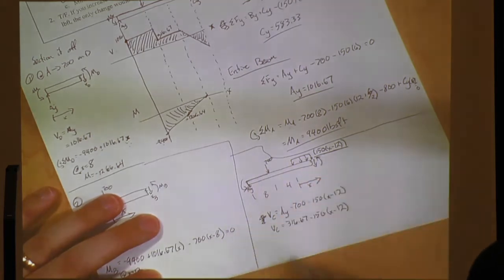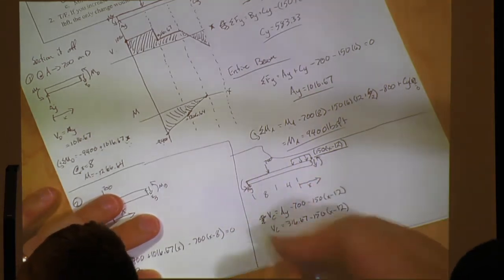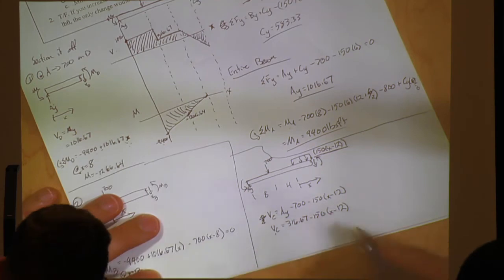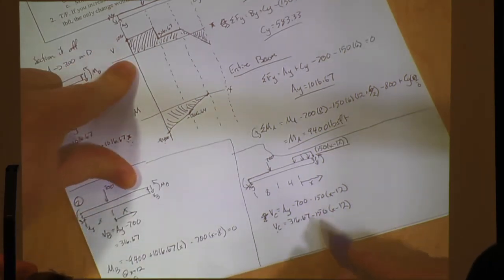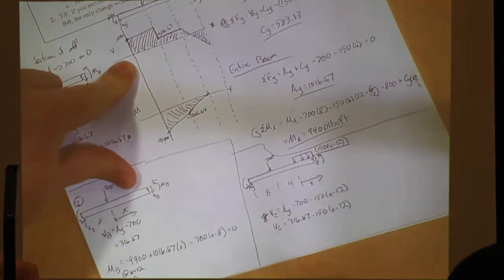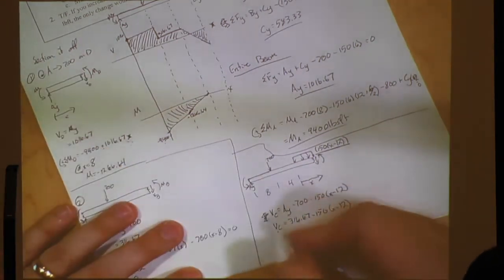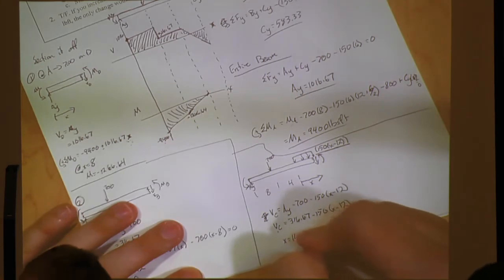Yeah, so all we're going to do in this equation is set shear equal to 0, because remember, the vertical axis is shear. So as soon as it's 0, that's where it crosses the x-axis. All right? So when you set this equation equal to 0, your x is going to be 14.1.